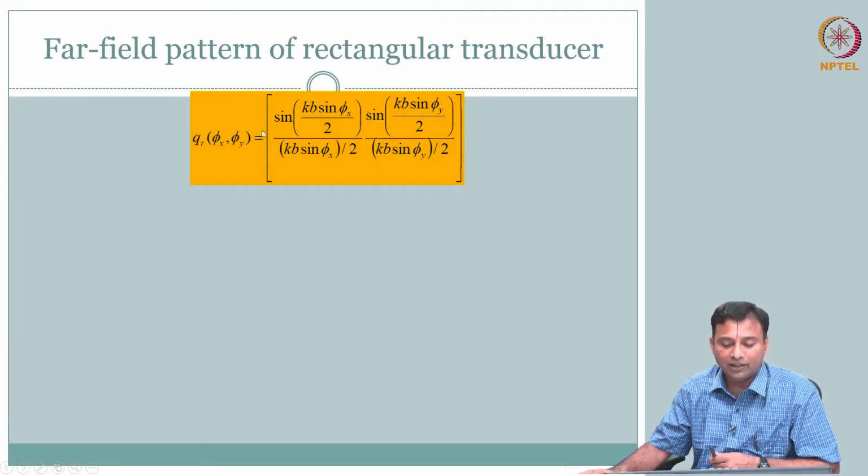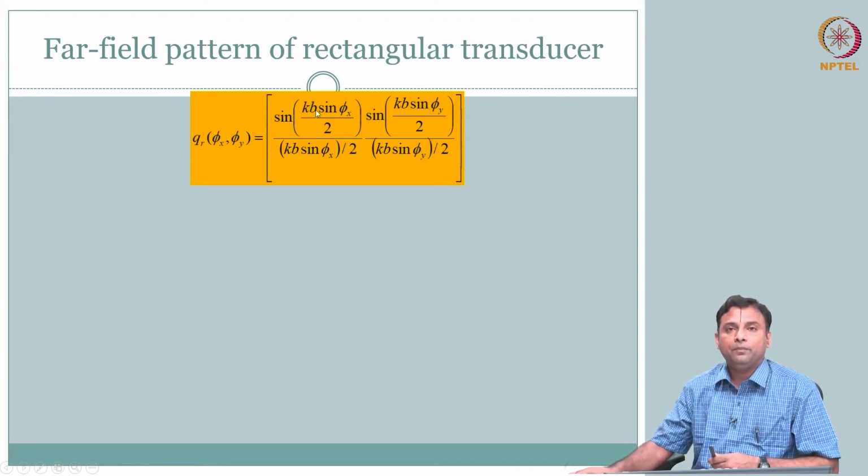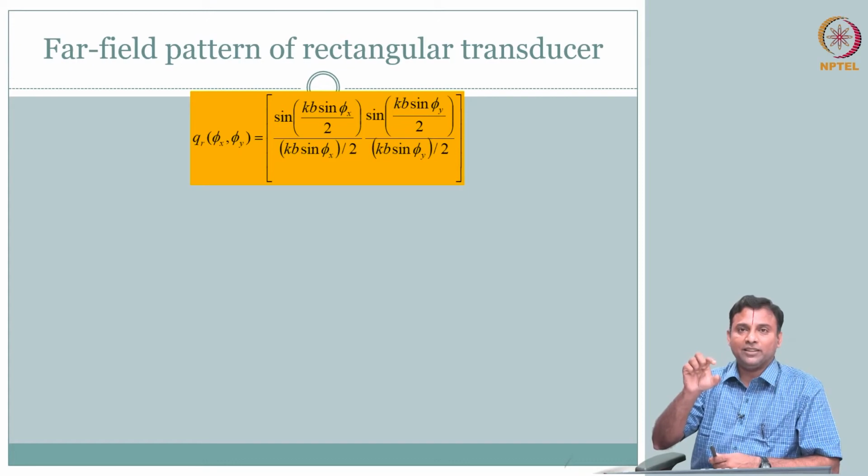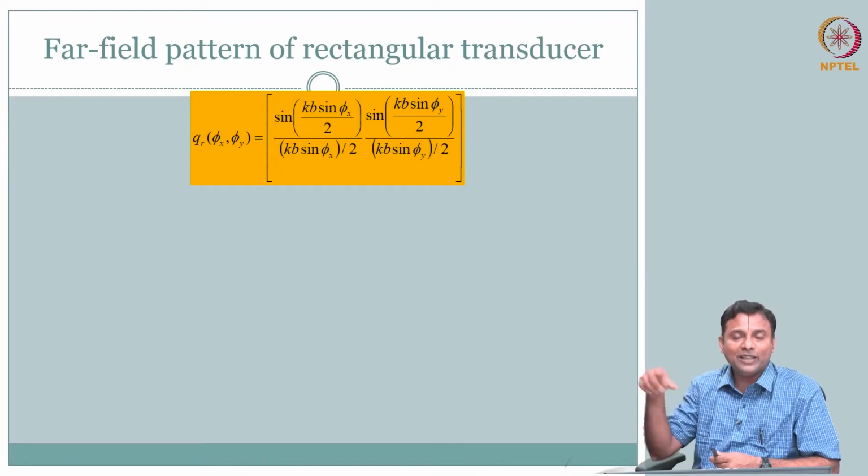If you have a rectangular transducer with different dimensions, your B is your width, for example, or a square transducer. This is 2 dimensions. If it is a rect function, what is your Fourier transform? Sinc, right? If you have a rectangle in the time domain, in the frequency domain that will be a sinc function.